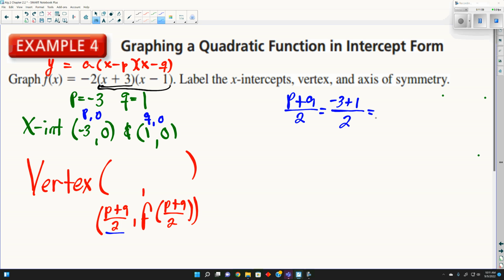Because the calculator will do -3 plus 1 divided by 2, and it'll just spit the answer out. Well, -3 plus 1 is -2. And -2 divided by 2 is -1. For some reason, the note sheet really likes using -1 or 1 because it came up several times yesterday, didn't it? So what that tells us is the vertex's x value is -1.